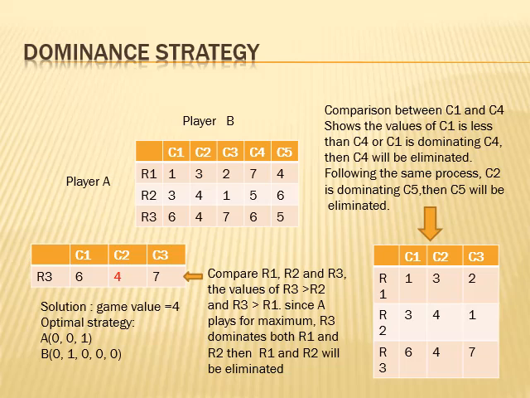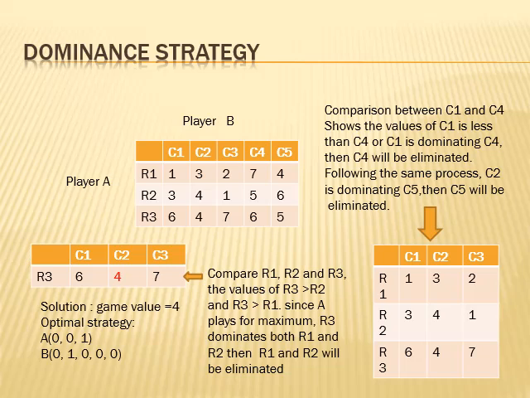Now, following the same process, let's compare C2 with C5. We remark that looking at C2, 3 is less than 4, 4 is less than 6, also 4 is less than 5.